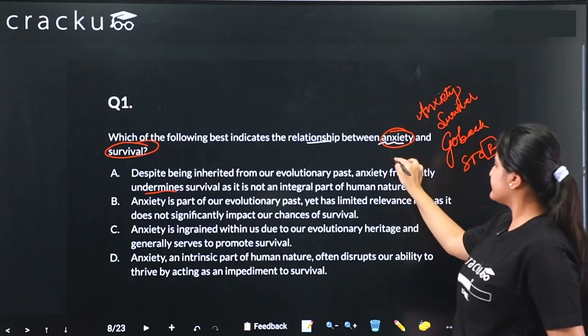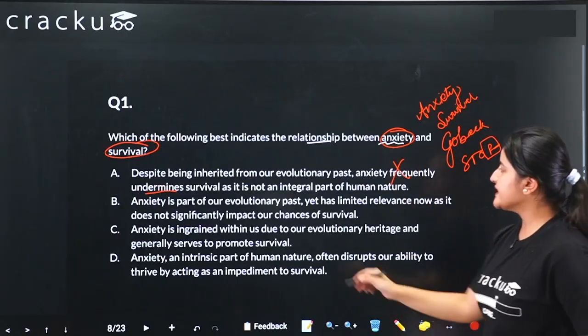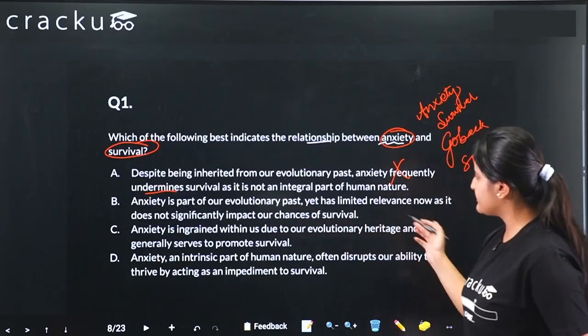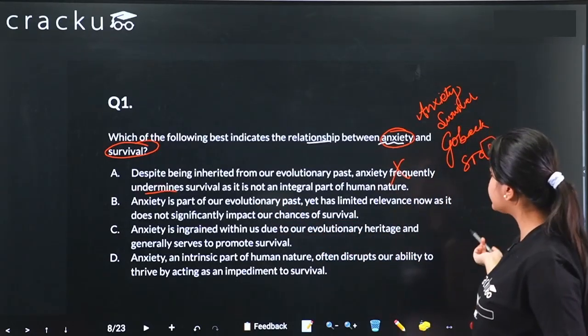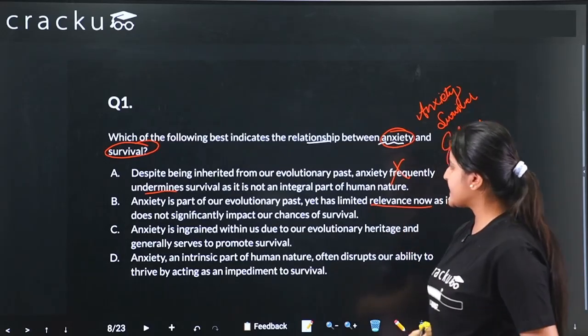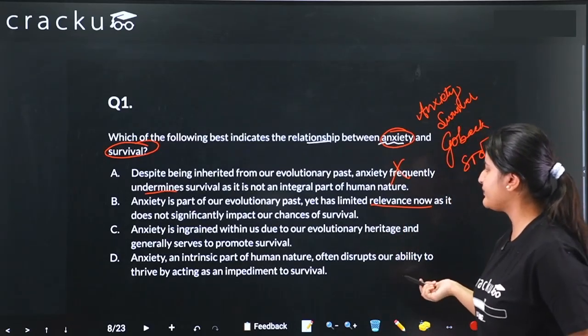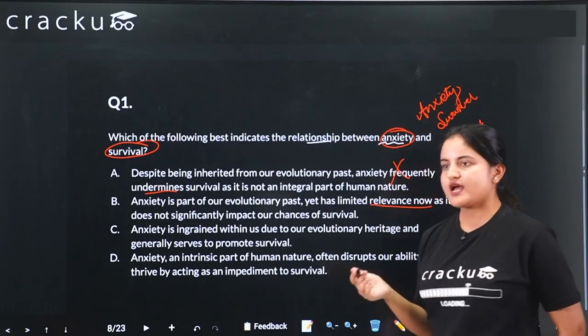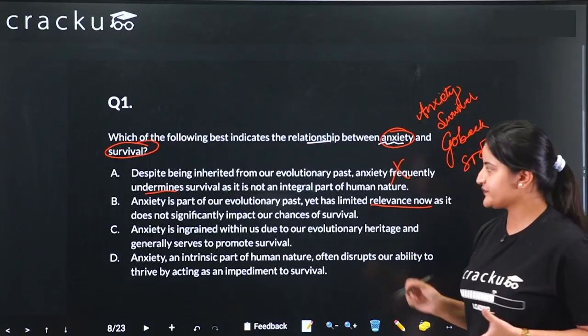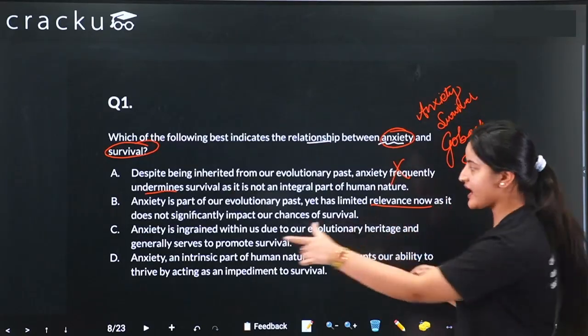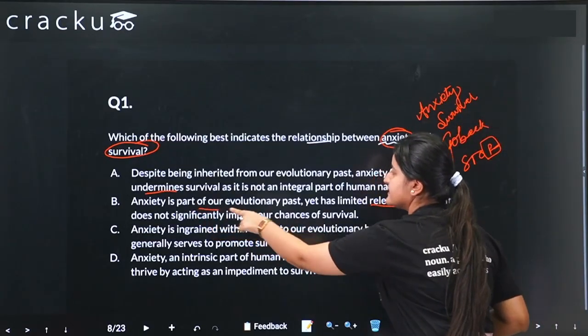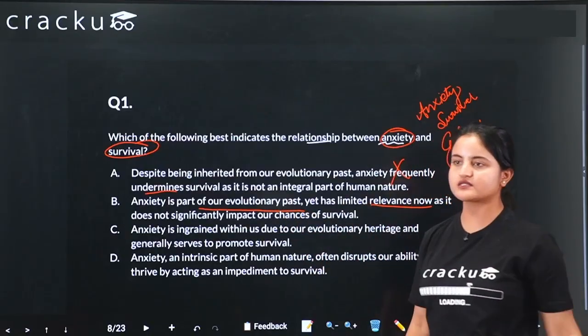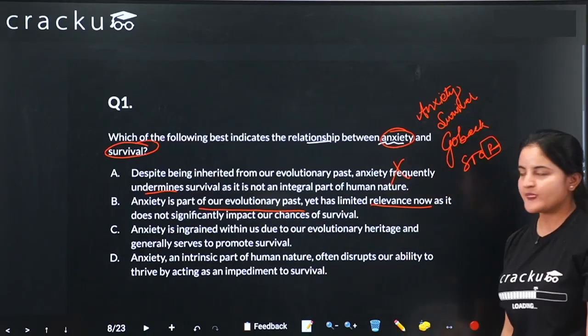So, this is definitely wrong. Anxiety is part of our evolutionary past, yet has limited relevance now as it does not significantly impact our chances of survival. Has the author ever said that? This again is the trap where half of it is true, that anxiety is a part of our evolutionary past. True, it is.